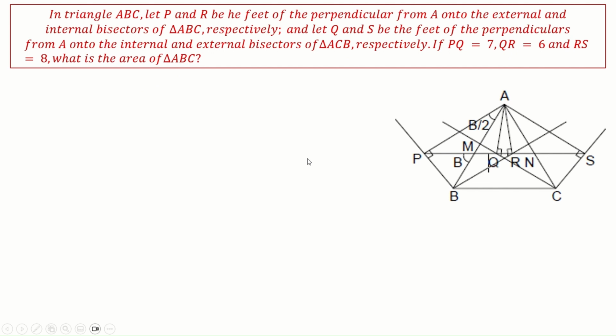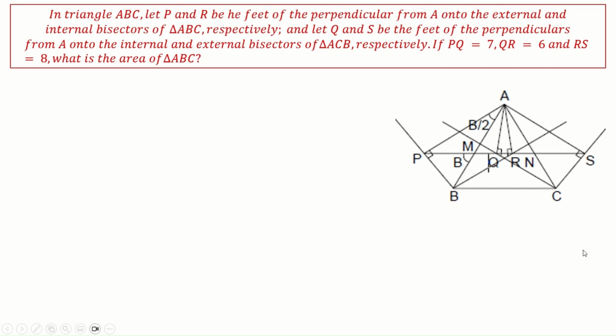If you see the problem, constructing the triangle is a bit complicated actually. So read the question carefully. ABC is the triangle. P and R are the feet of the perpendiculars from A onto the internal and external bisectors of angle ABC respectively.